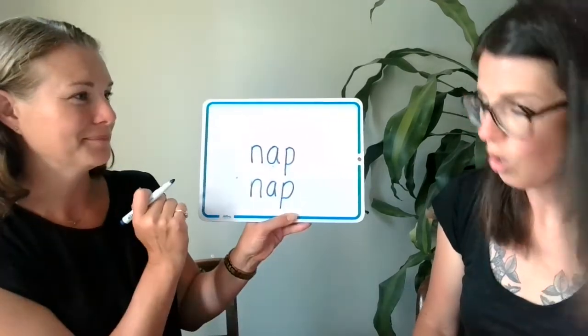Nap. Awesome. So that's how you're going to go through your simultaneous oral spelling. Often when I do this with beginning readers, I find that the vowel sounds are very difficult to differentiate in words. So often I see a lot of mix-ups with short A and short E. So often they'll segment their sounds and they'll go n, e, p.